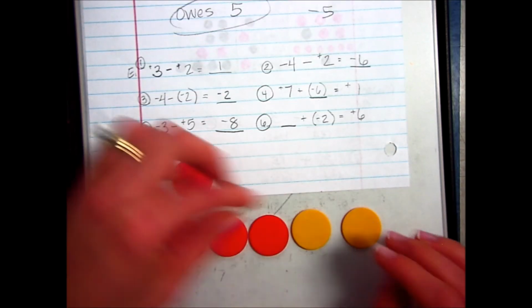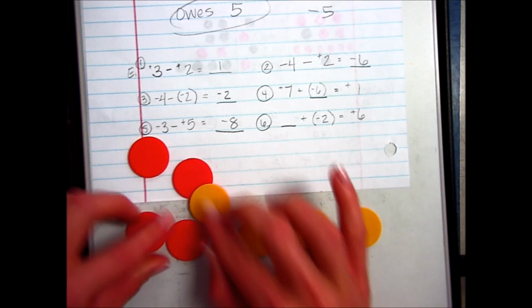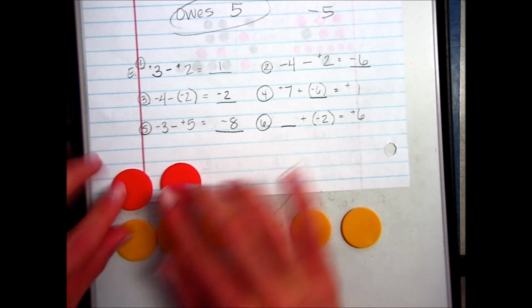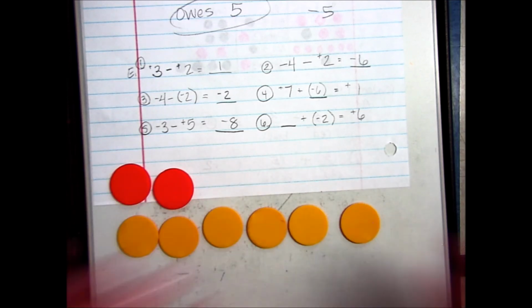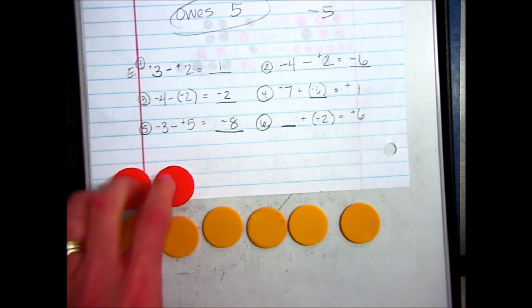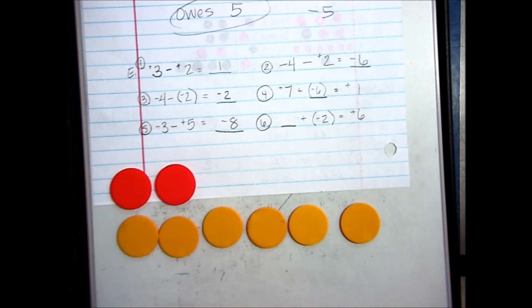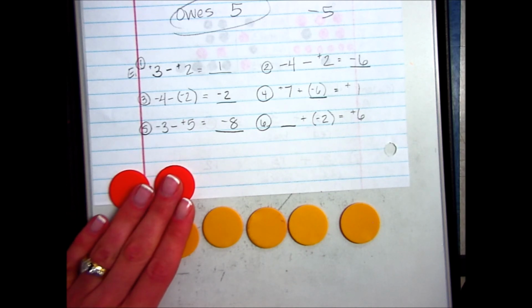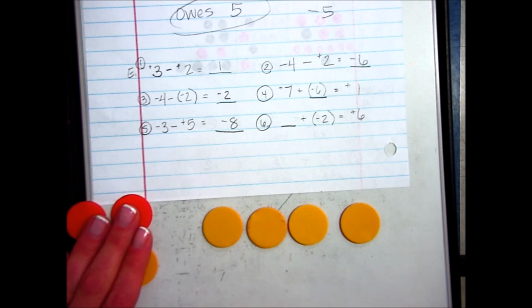I'm getting confused with my red and black. There. Okay. So we want to end with 6 positive, guys. We put this on the board so that we'll be able to take it away. And now pair 2 red chips with 2 black chips. And we're left with our start of 4.